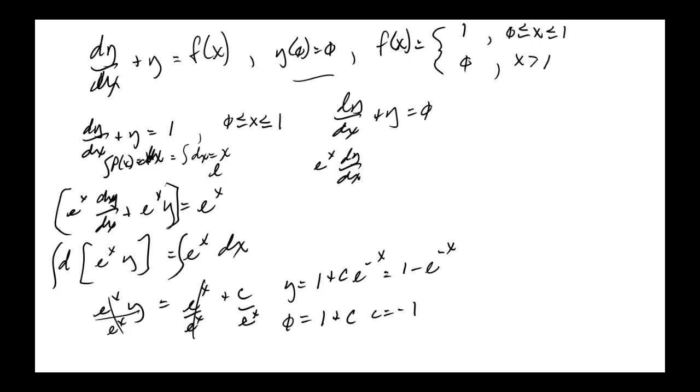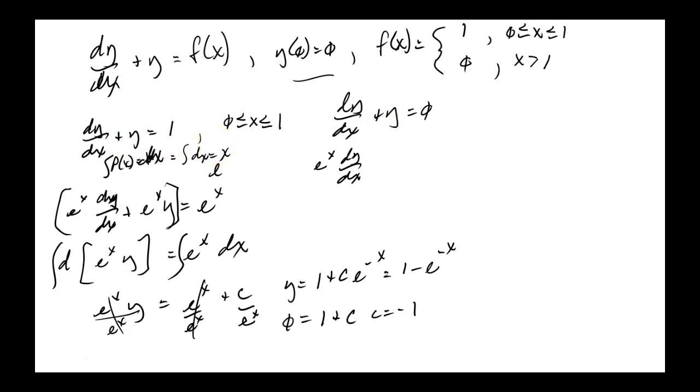So what we're going to do is do the same differential equation, but now have it equal to 0. This is only going to be where x is greater than 1. Okay? So, our first part is exactly the same. Your p of x is equal to 1. The integral of p of x is equal to x.